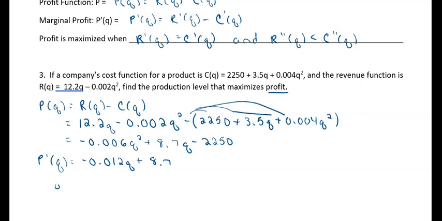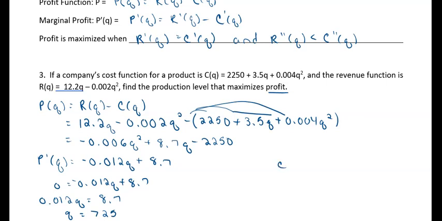So take your derivative, set it equal to 0. Let's move our negative 0.012 Q over, and then we can divide both sides by 0.012. If we divide both sides by 0.012, we get 725. So this is our only critical number.